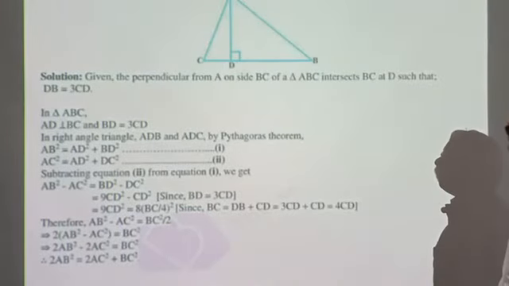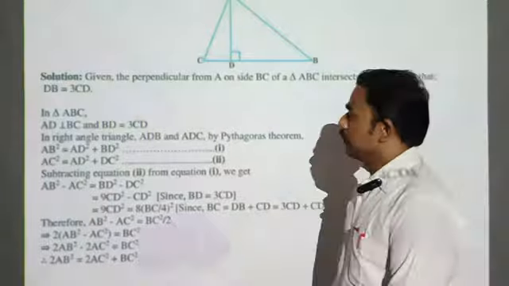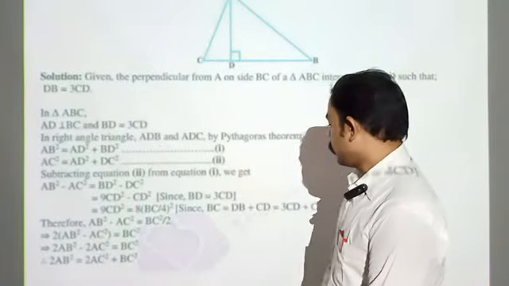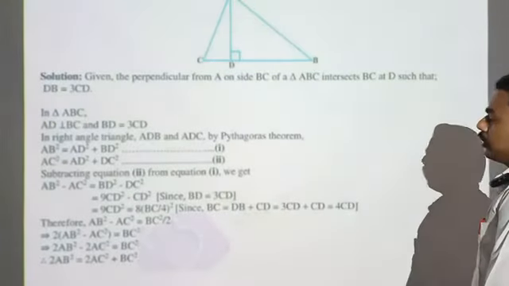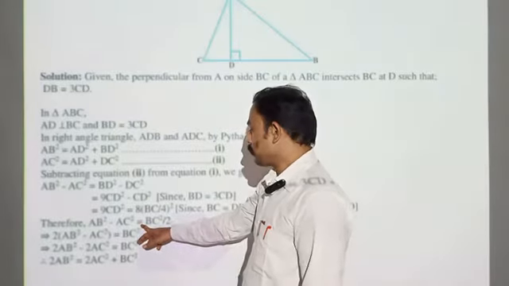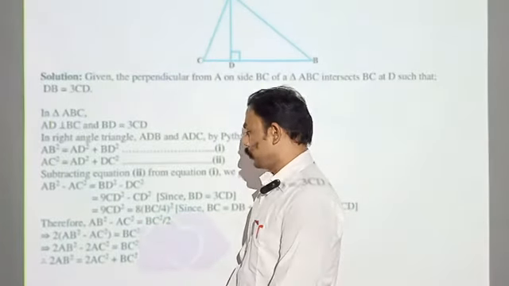Right. Now we need to write this in the form of BC. Already you have CD equal to 1 by 3 BD. Substitute. Finally, AB squared minus AC squared equals BC squared divided by 2.